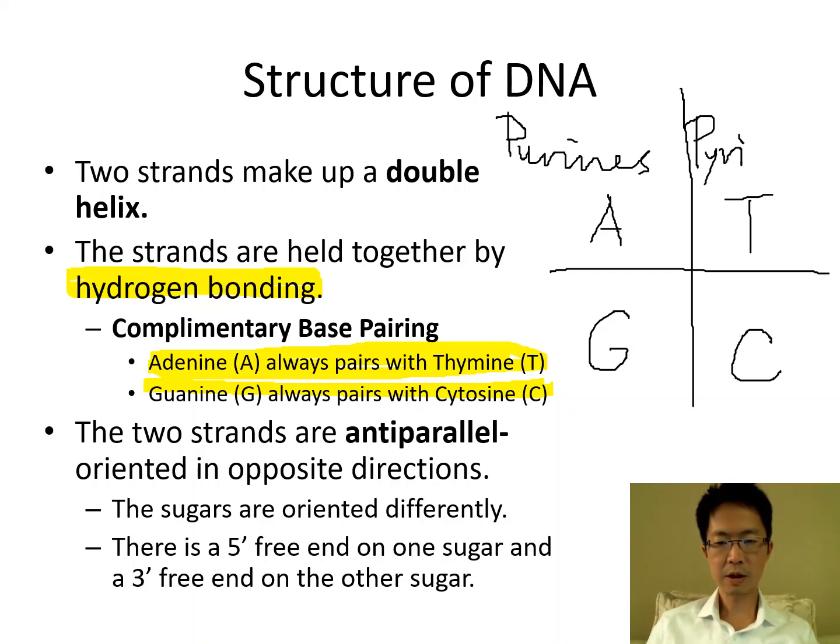Pyrimidines. And according to the complementary base pairing rule, A pairs with T and they form 2 hydrogen bonds. And G pairs with C and they form 3 hydrogen bonds.